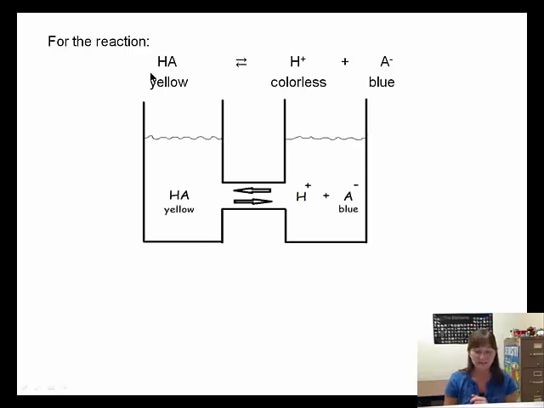So this diagram right here is going to help us out with shifting from one side to the other when we've got a system at equilibrium. So right now what I want you to visualize is that both of my liquid levels are equal to each other. Okay?